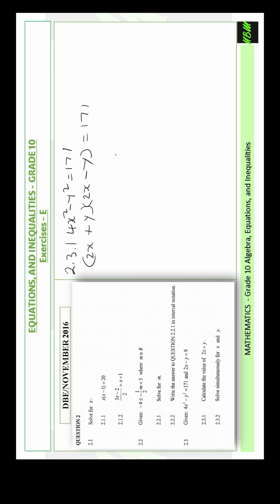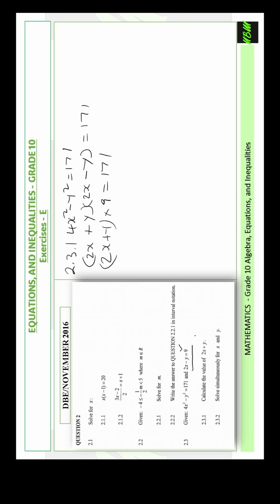2x minus y. Now, in the given information, we know the value of 2x minus y. It is 9. Therefore, let us substitute 9 where we see 2x minus y. So we'll have 2x plus y multiplied by 9 is equal to 171.